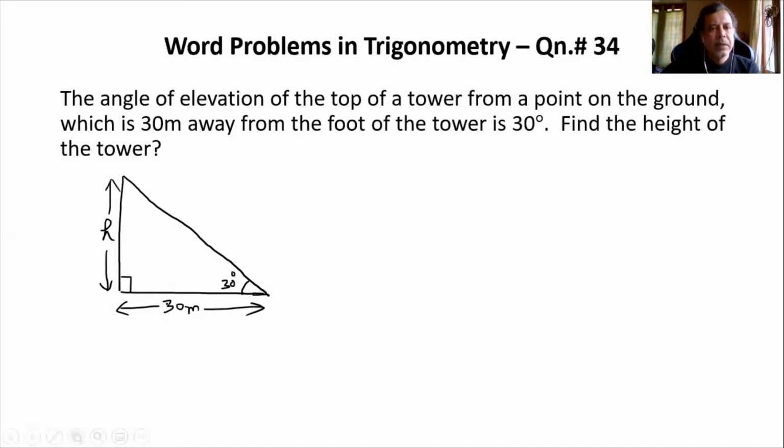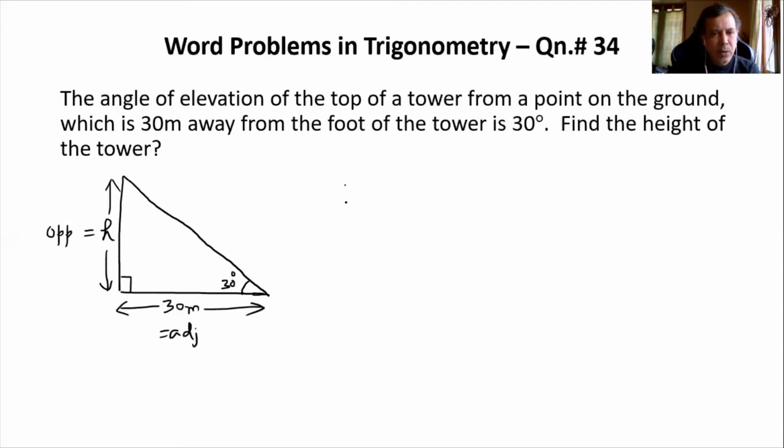Okay. So now for this angle, the height we are supposed to find is actually opposite to the angle, and this side is actually adjacent to the angle. That means we have opposite and adjacent.